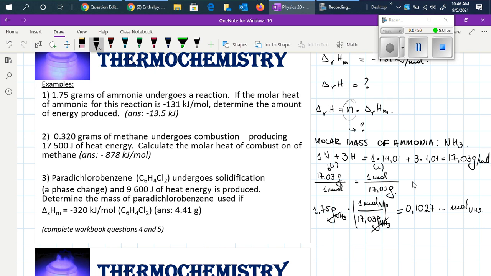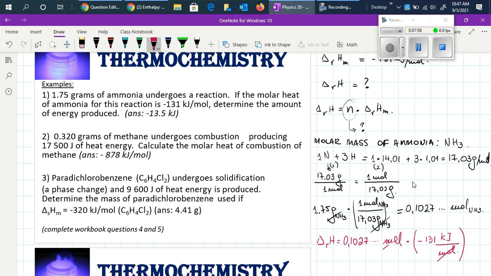And now, in order to calculate the enthalpy change of the reaction, we go with the number of moles, which is 0.1027 and so on moles, times the molar enthalpy of ammonia, that is negative 131 kilojoules per mole of ammonia.